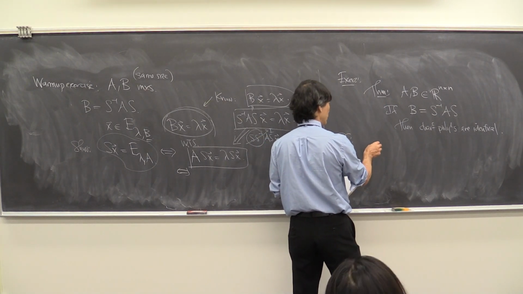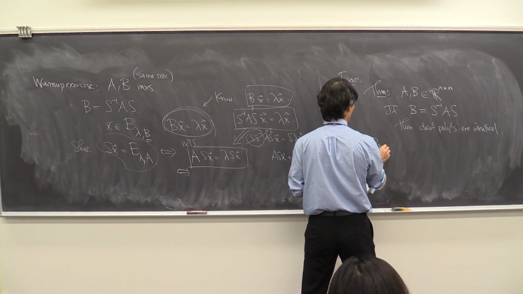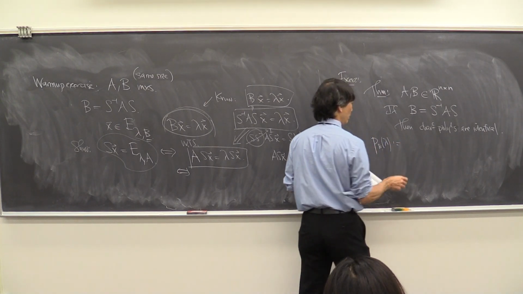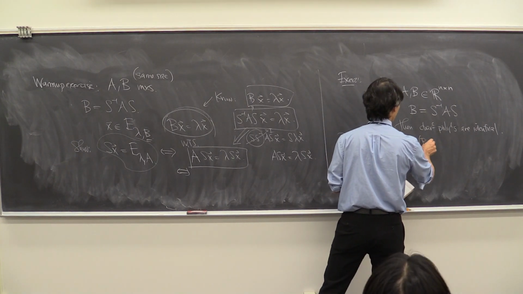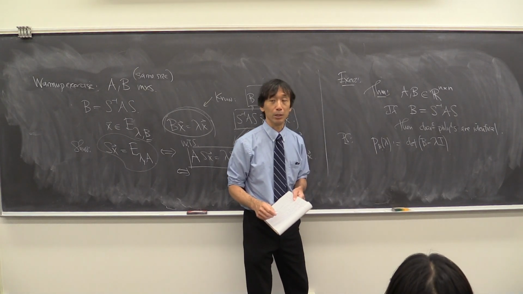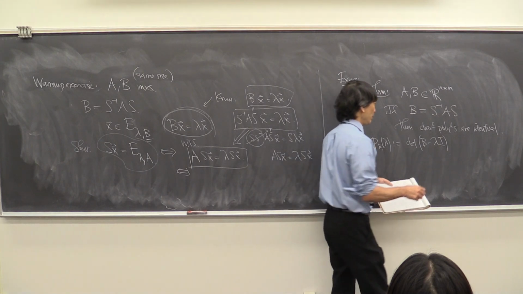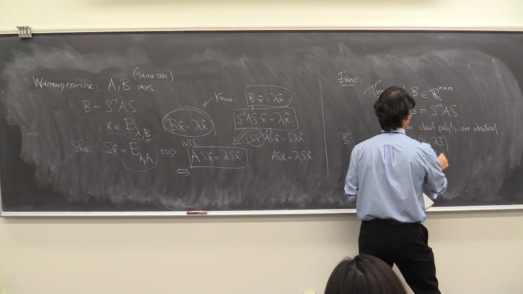Well, the characteristic polynomial for B, let me call that P sub B of lambda. We know that that is the determinant of B minus lambda I, right? That's what the characteristic polynomial is. Well, again, B is S inverse AS.